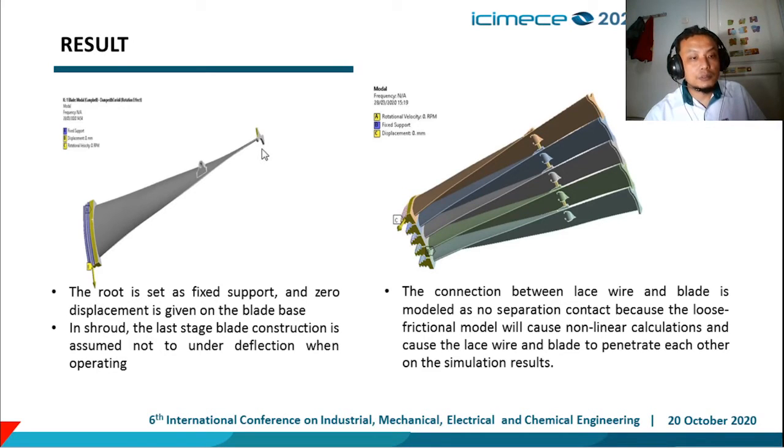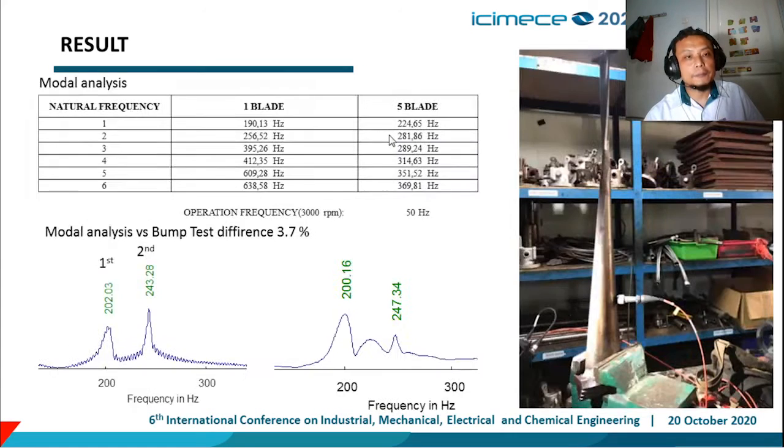In short, the last stage blade construction is assumed not to undergo deflection when operating. The connection between the lashing wire and the blade is modeled as no separation contact, because a frictional model would cause nonlinear calculation and cause the lashing wire and blade to penetrate each other in the simulation result.